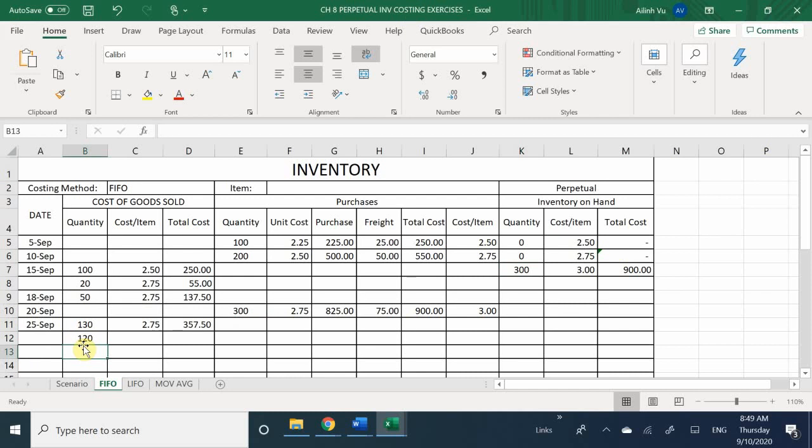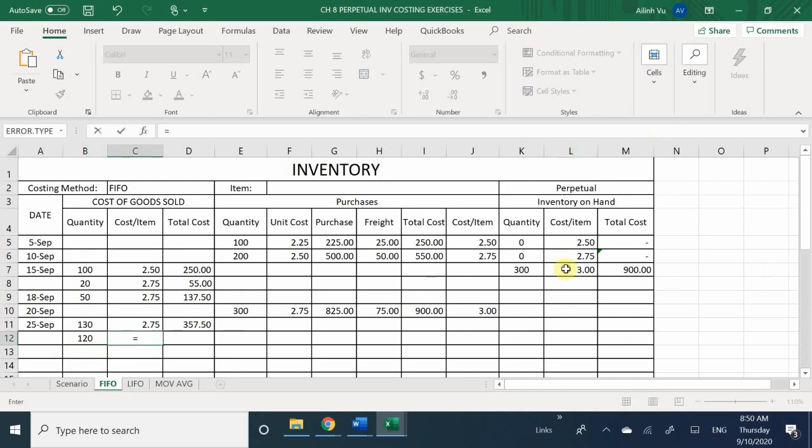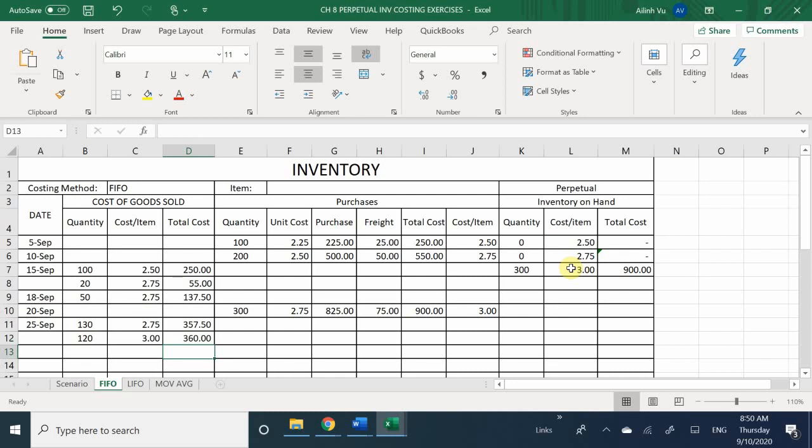Now here, I know I sold 250 items, right? How many more do I need to sell? Yes, I need 120 at $3 each. So here I have 360 for the cost of goods sold.